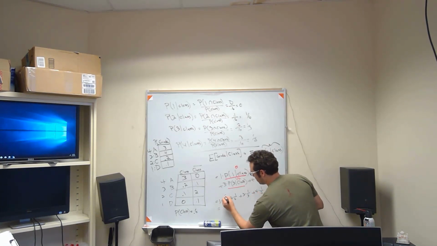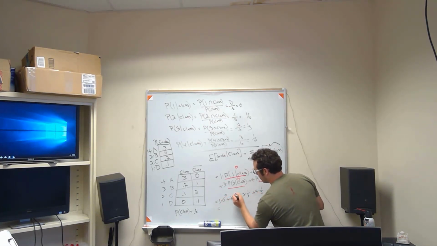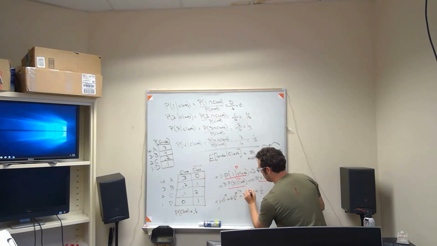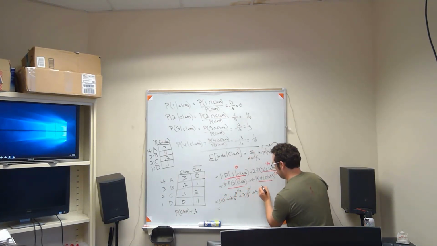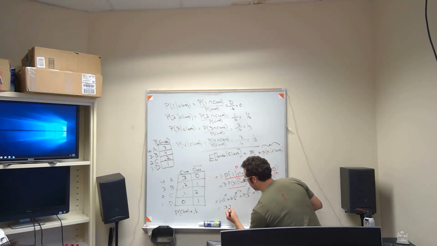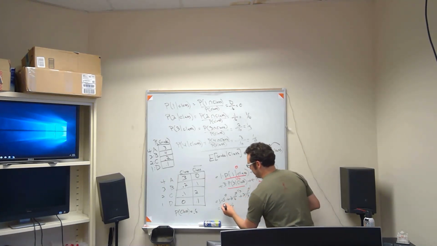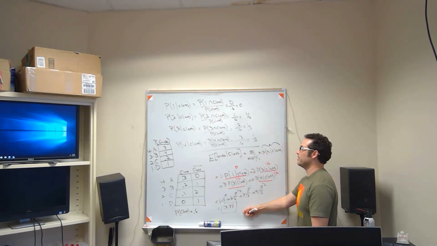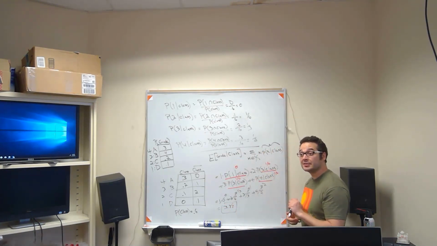So 0, 1/3, 1, and 2. So 3.33, 3 1/3. This is your expected grade given that you went to class.